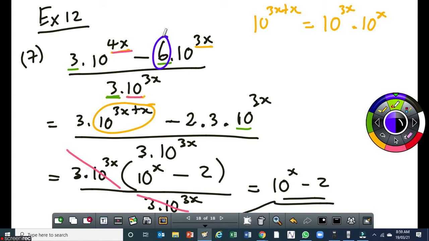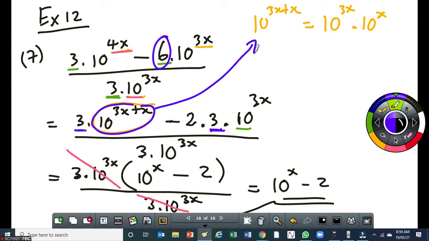Why did I do that? Because at the beginning here I've got that 3, and I saw that I can write 6 as 2 times 3, which means I can create a common factor. This 3 and that 3 allow me to take out 3 as a common factor. Then, 4x is the same as 3x plus x.